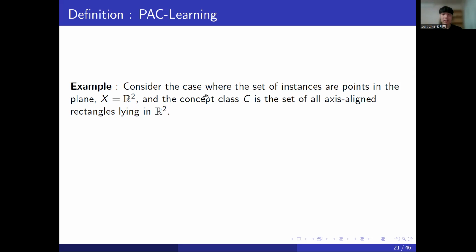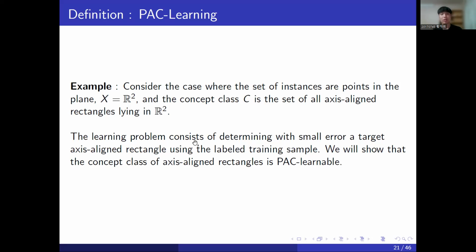Consider the case where the set of instances are points in the plane, X equals R squared, and the concept class C is the set of all axis-aligned rectangles lying in R squared. The learning problem consists of determining, with small error, a target axis-aligned rectangle using a labeled training sample. I will show that the concept class of axis-aligned rectangles is PAC learnable.